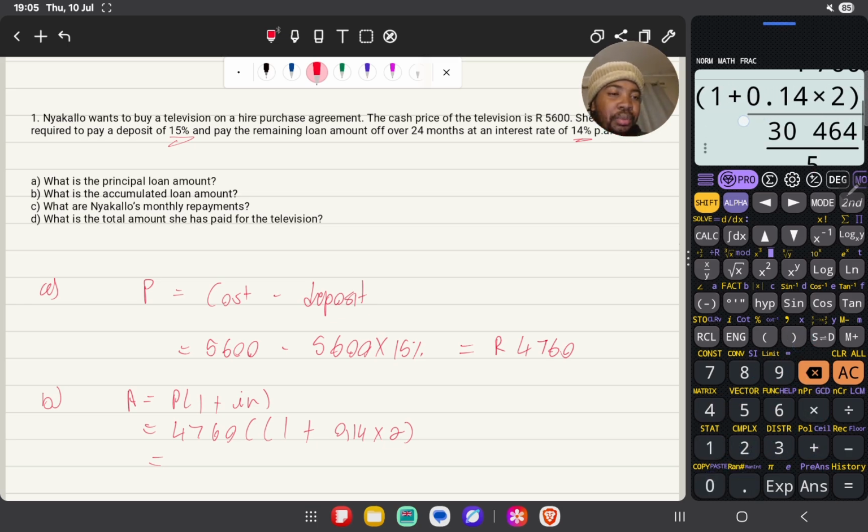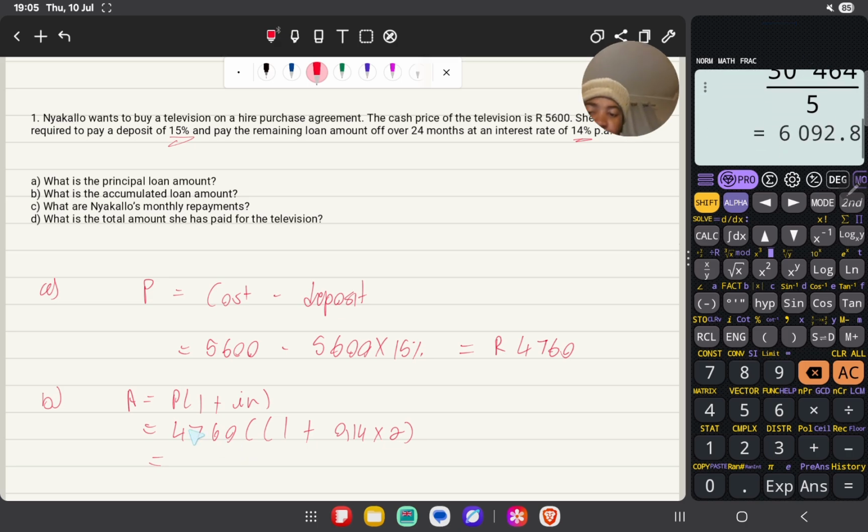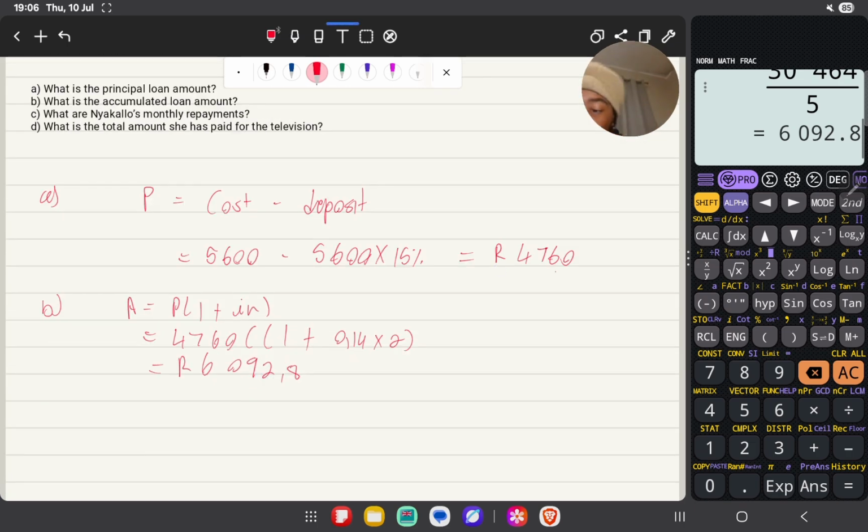We get 6,092.8. So now I have the money. This is how much 4,760 will be worth after 2 years. This is the value of it.